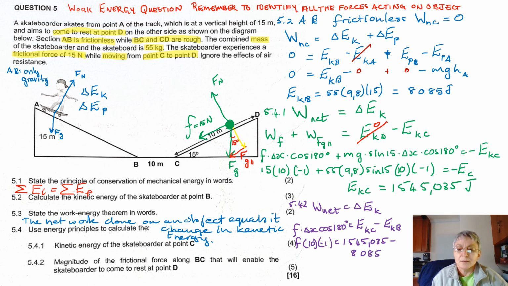So if you do your math there, the frictional force will happen to be 653.997. I've got it. So I guess you can round it to 654.